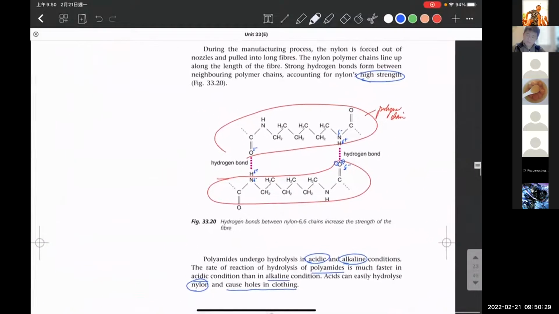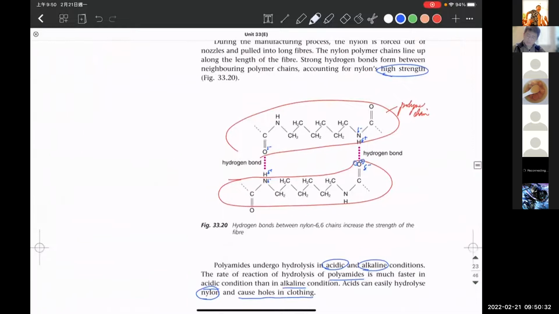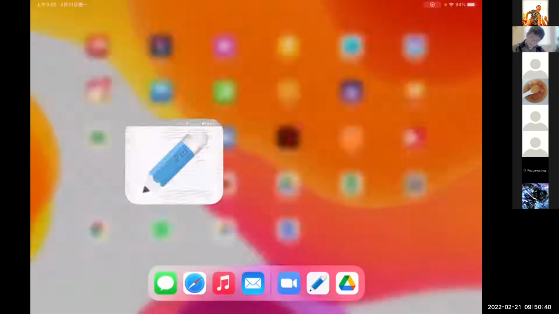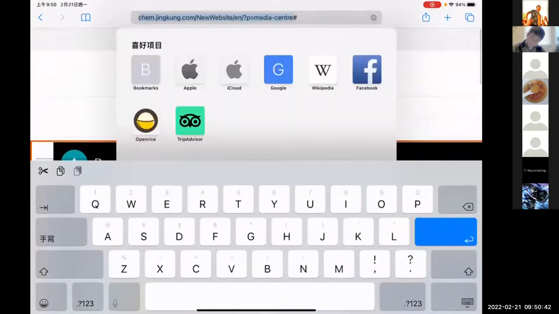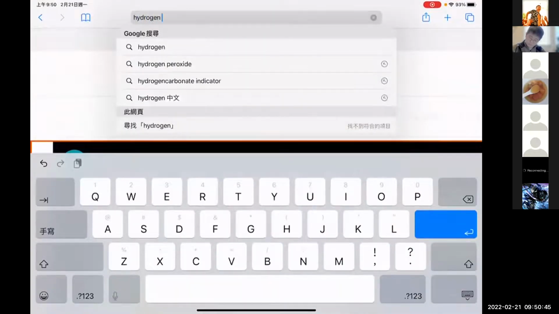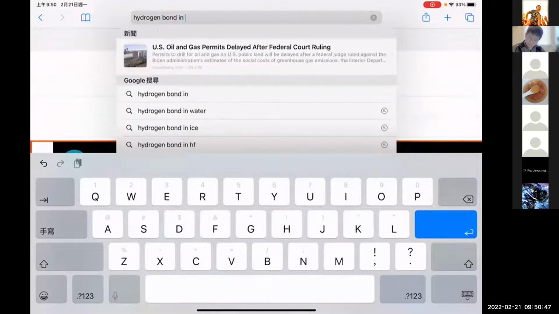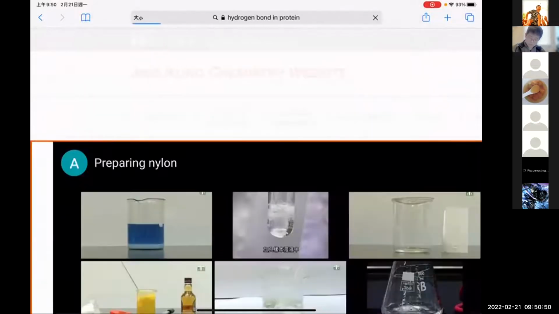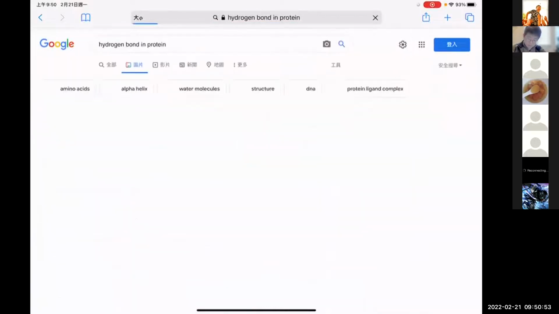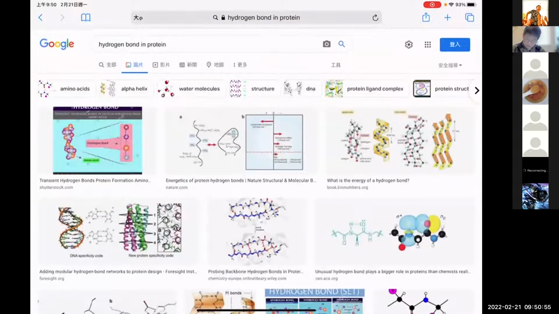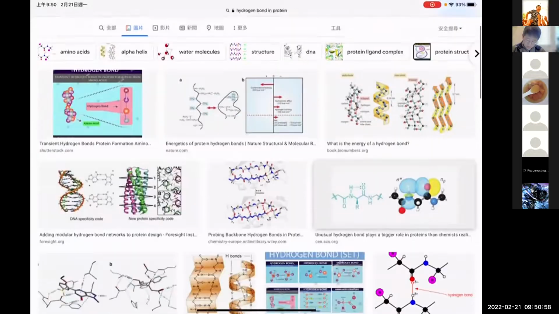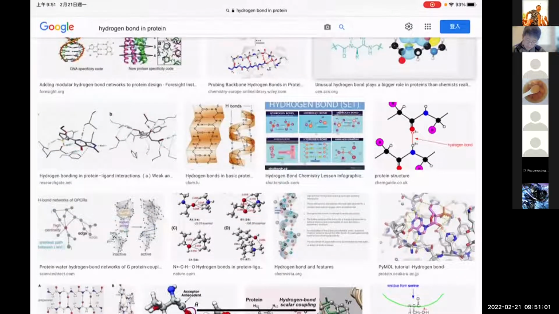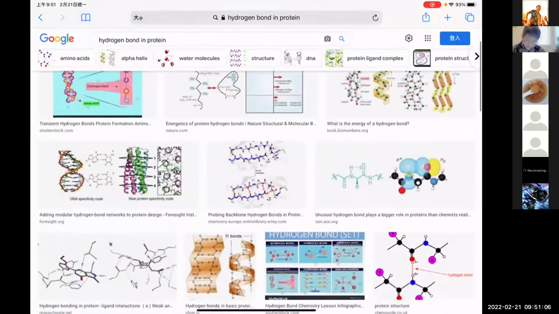Now, one more thing I would like to add about hydrogen bonds and polyamide is on the structure of protein. If you take a look at protein structure, you may find there are many different ways in which the protein is formed.